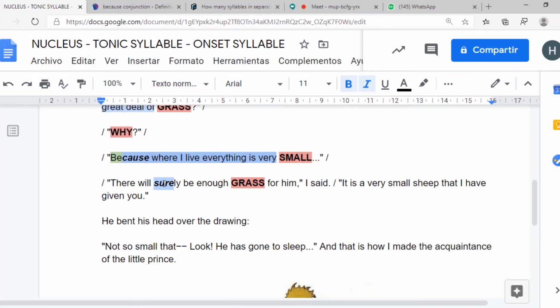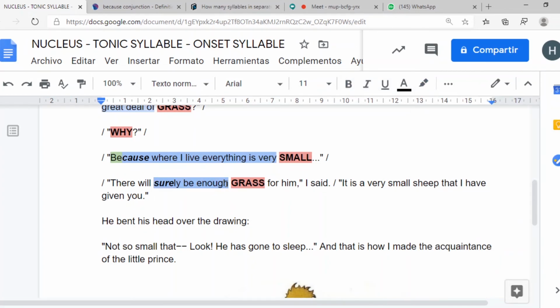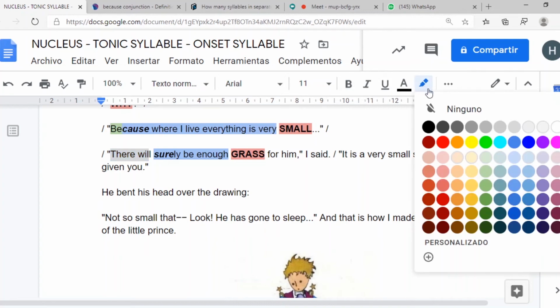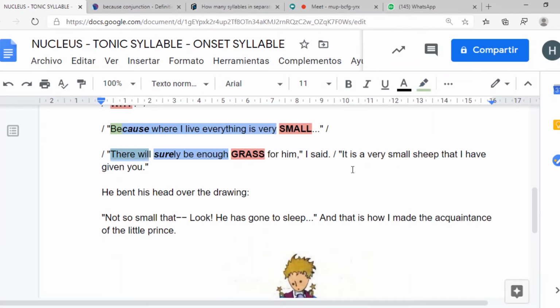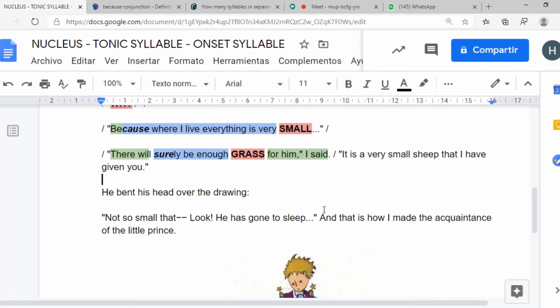So this is your onset syllable. From here up to here, you have the head, and this will be your pre-head. And all of this will be your tail. It doesn't matter if you have a stress here.